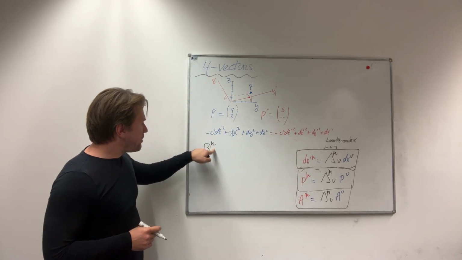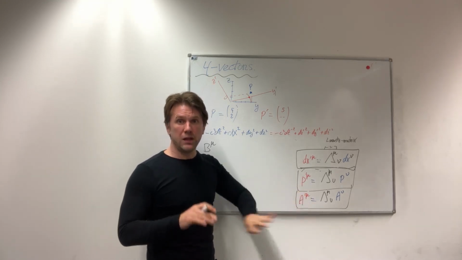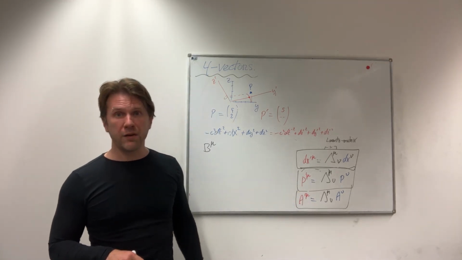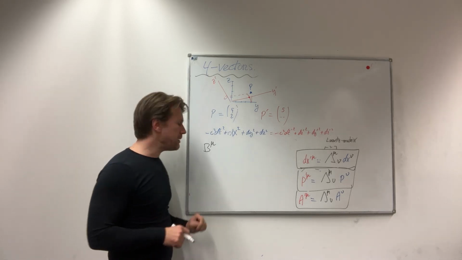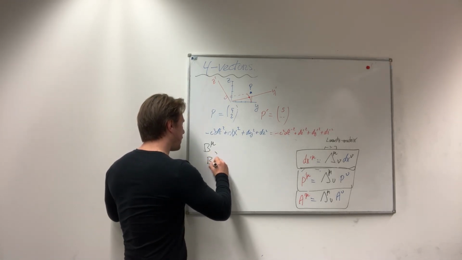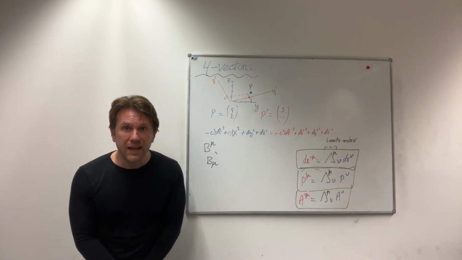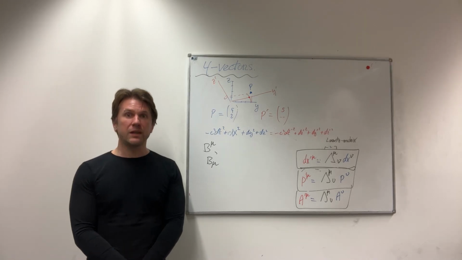And up until this point, every one of our 4 vectors had an index up. In nomenclature, this is called a contravariant 4-vector. Don't worry about the naming, it's just names. But every now and then, you might open up an article and you might find a 4-vector with an index down. That's what is called a covariant 4-vector.